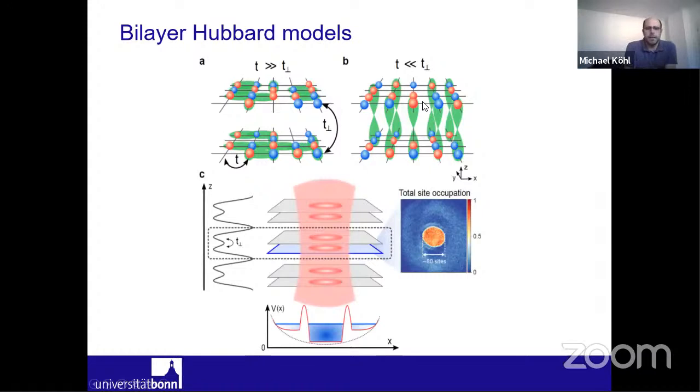Experimentally, that's how it looks. We create this stack of bilayer systems, which have an adjustable tunnel coupling between them. On top of this, we use optical potentials to flatten out these potentials, so we now work with homogeneous Hubbard models in this configuration.